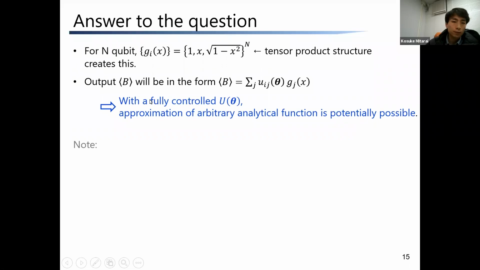So if we can use fully controlled, what I mean by fully controlled is if we can use any unitary on the n qubits, approximation of an arbitrary analytical function is potentially possible, because we have 1, x, x squared, x cubed, up to x to the n.